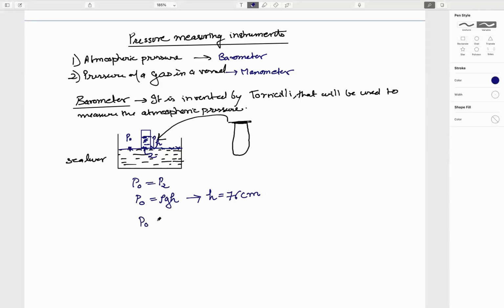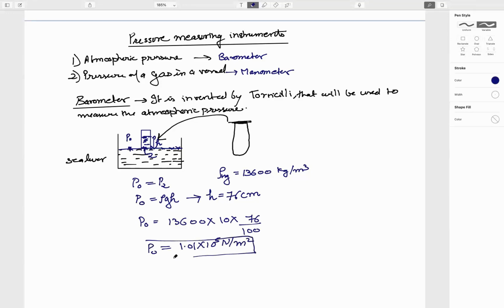So P naught can be calculated as follows. We know rho of mercury is 13600 kg per meter cube. So 13600 kg per meter cube into g, 10, into 76 divided by 100, and through it we get P naught to be 1.01 into 10 to the power 5 Newton per meter squared.